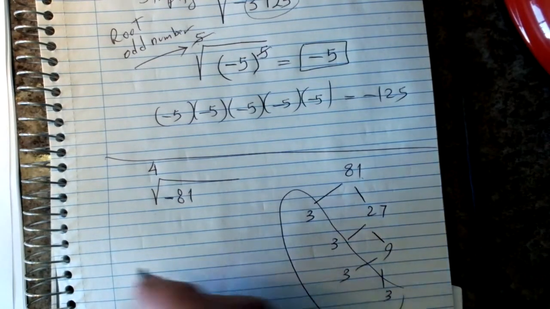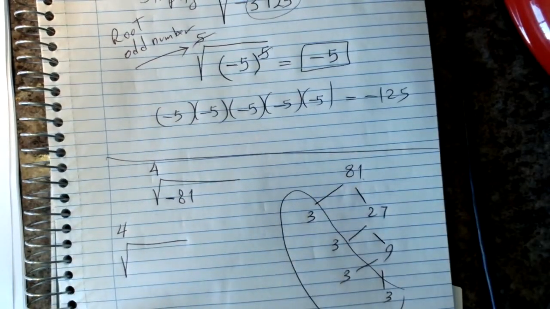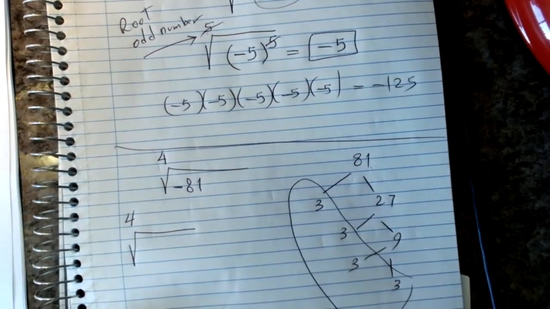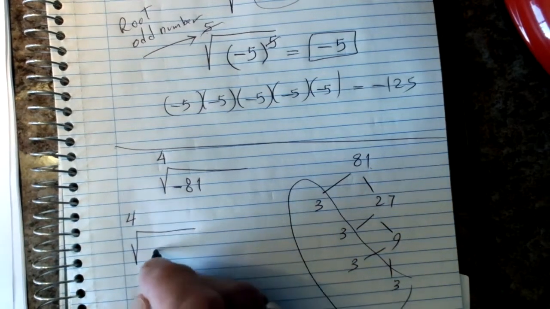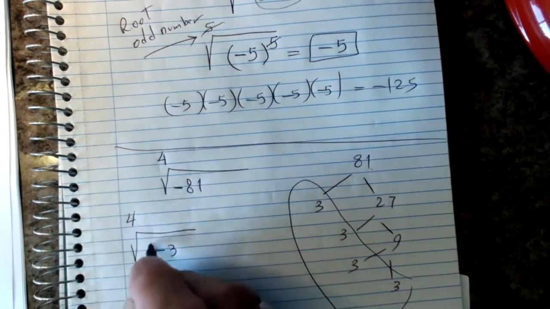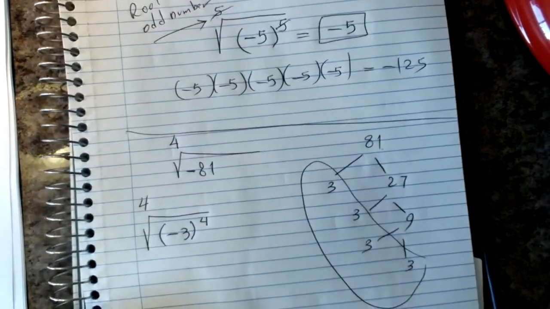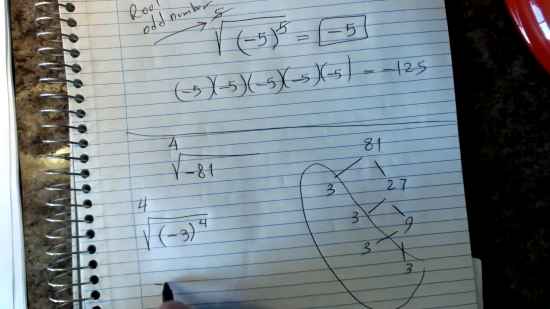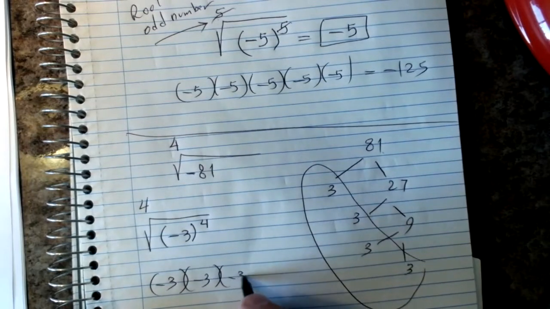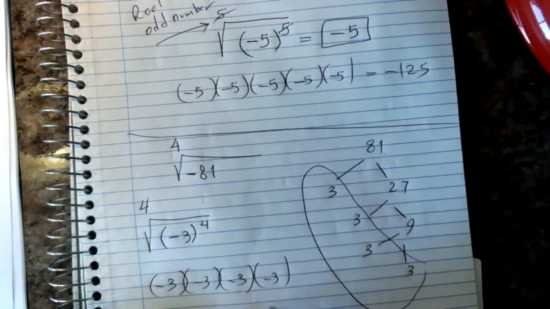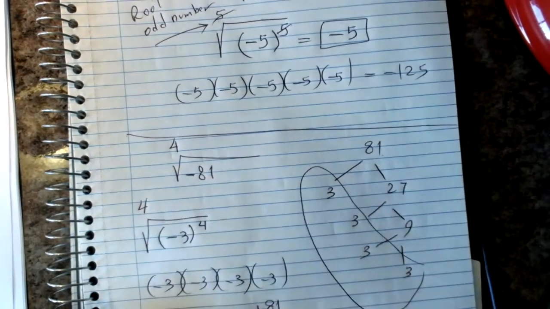It's 3 to the power of 4. Can I write this as negative 3 to the power of 4? No. Why not? Because negative 3, if you multiply by itself 4 times, the outcome is positive 81, not negative 81.